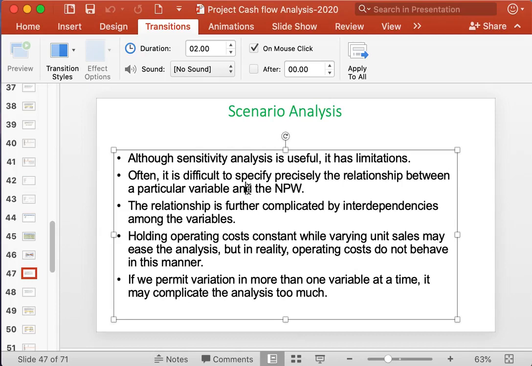Why it is so is because we are relating the net change in net present worth by changing only one of the variables by a certain percentage, keeping all other variables fixed or constant.